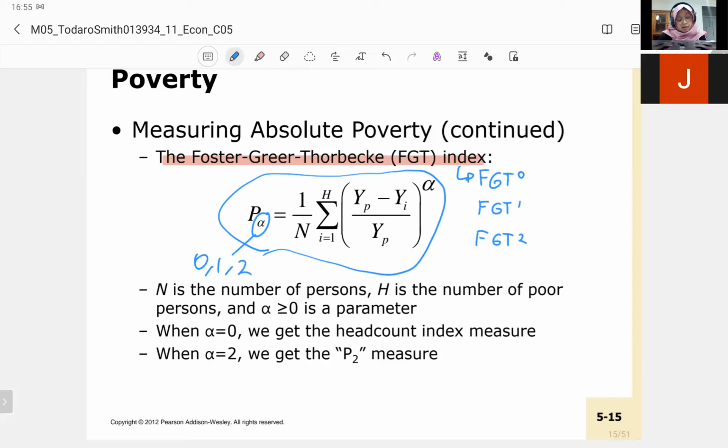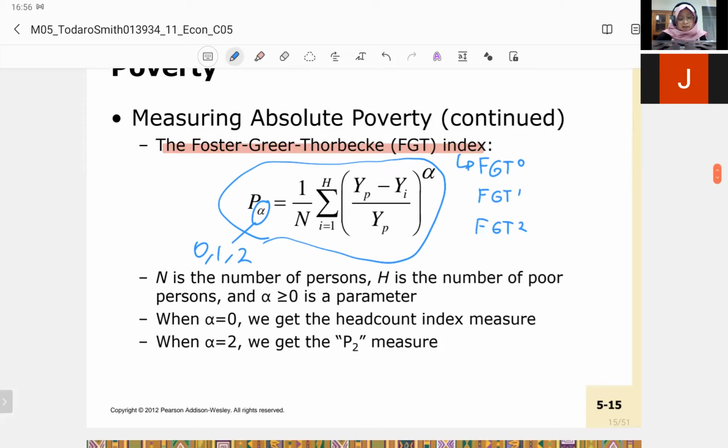You calculate it by 1 divided by N times sigma H of the poverty line minus personal income, divided by the poverty line, to the power of alpha.